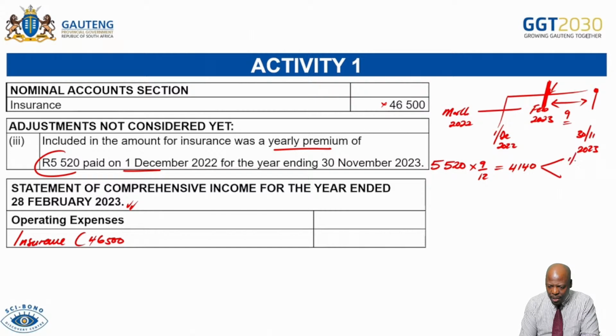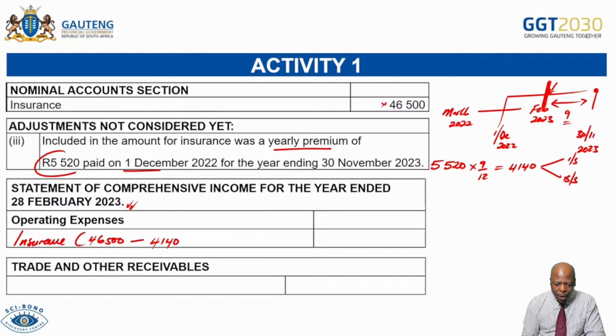I must adjust this in the income statement as well as in the balance sheet. In my income statement, I'm coming to say insurance. I have a prepaid expense of 4140, so I'm going to subtract that 4140. I've removed that.